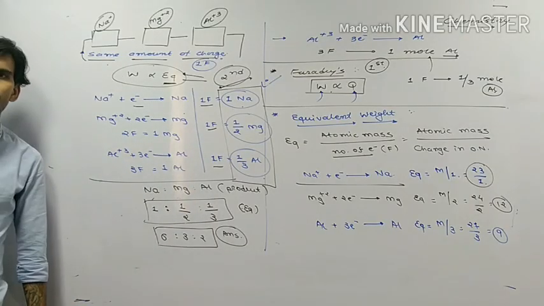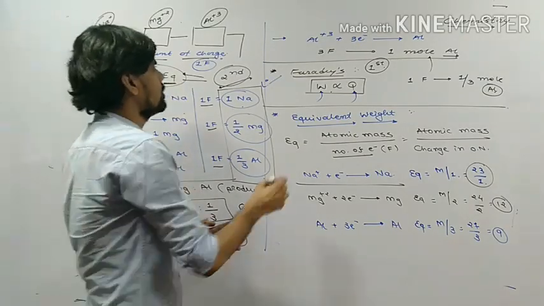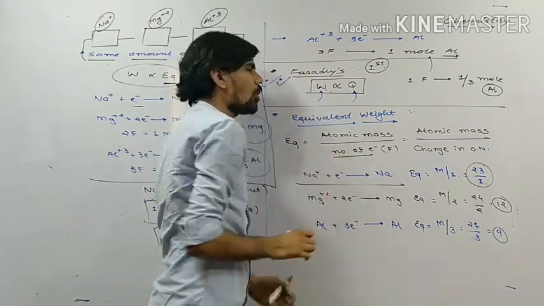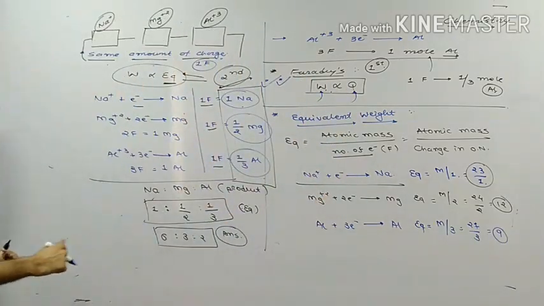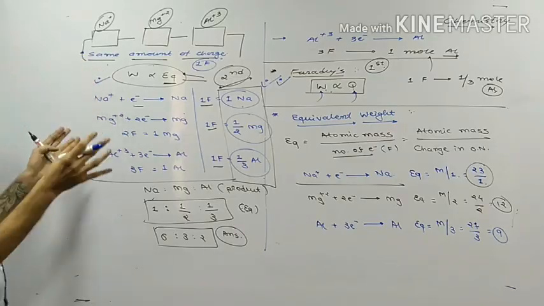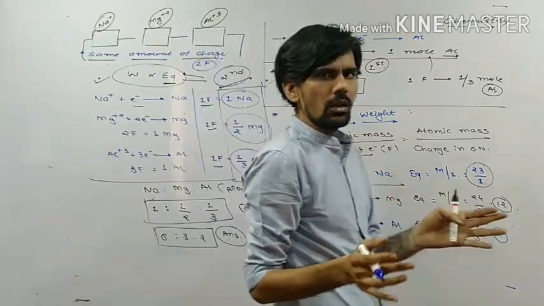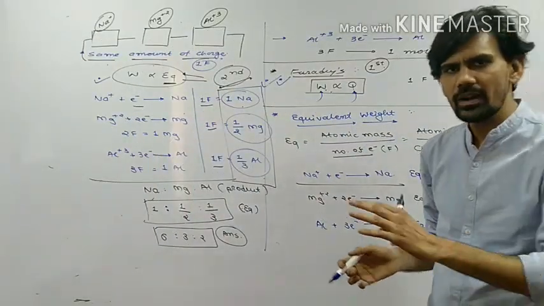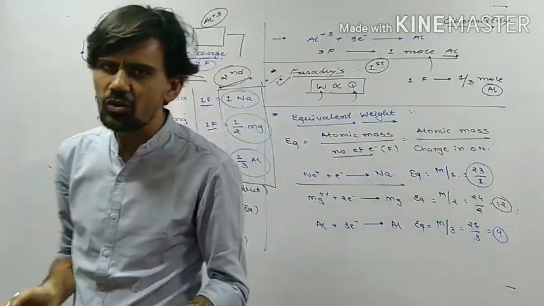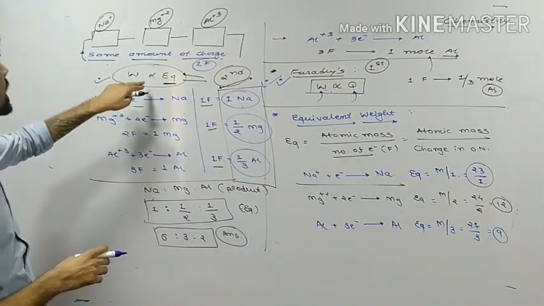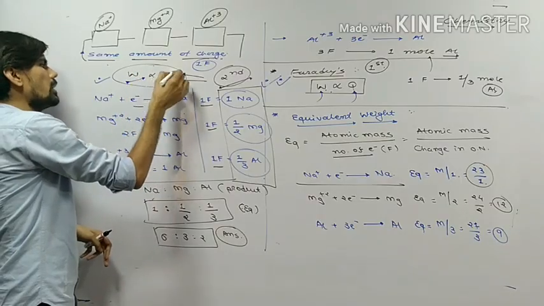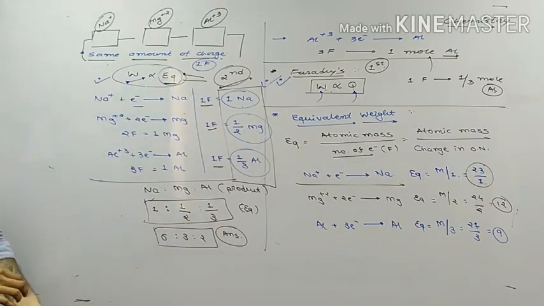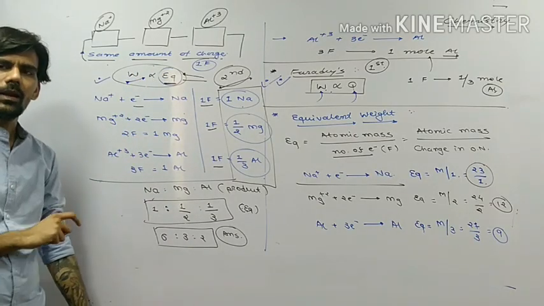Clear? So, the first rule is the amount of product is directly proportional to the charge we apply. And the second is, if we combine two or more different electrolytic solutions in a series and apply the same charge, then the amount of product is proportional to the equivalent mass of that element.